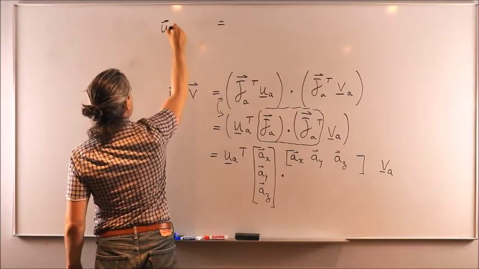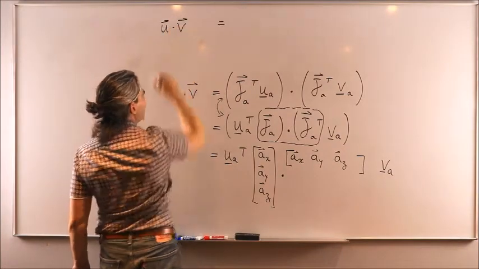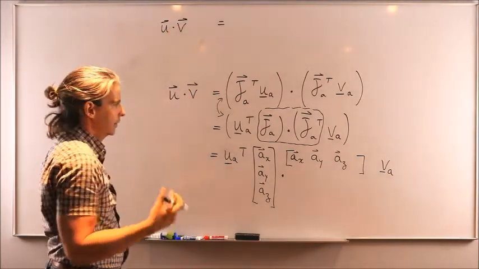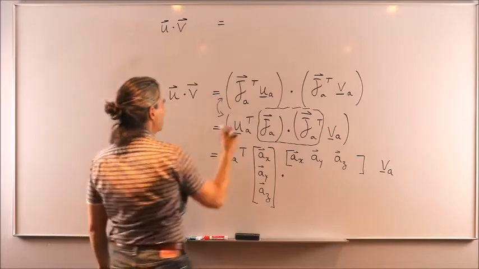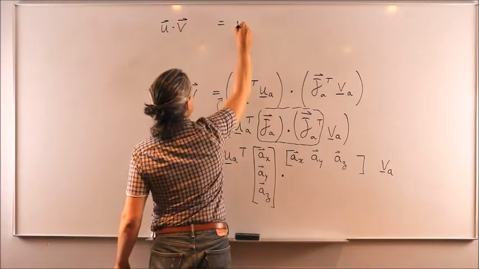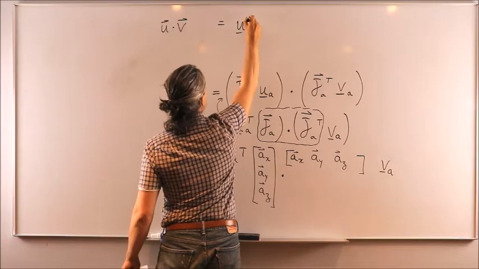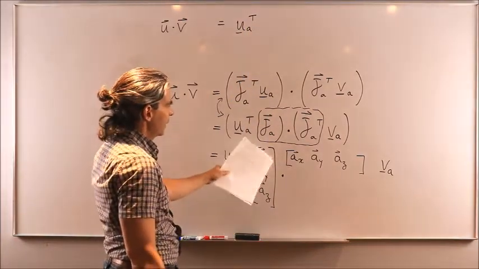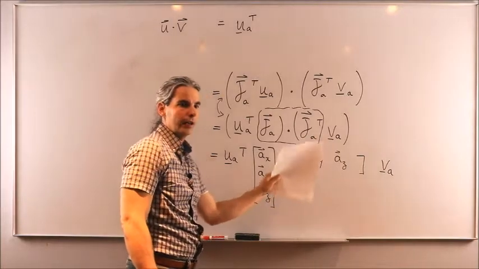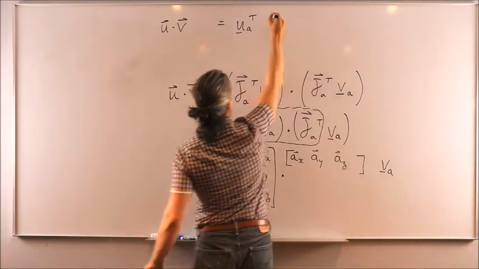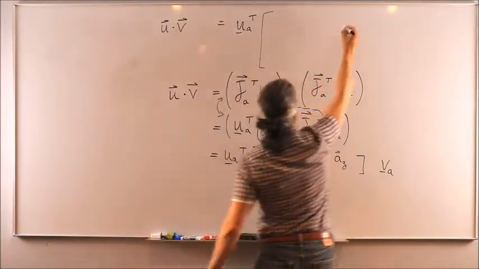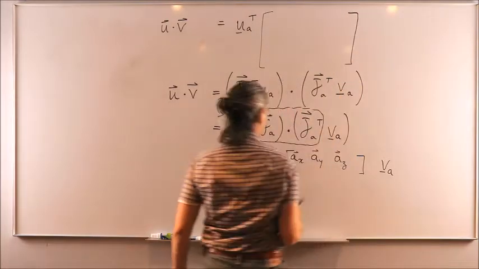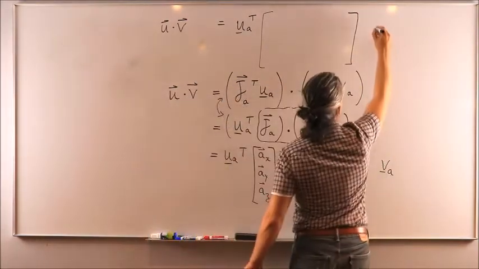We're still talking about the dot product of u and v, but again, given their components in reference frame A. So I'm going to rewrite this as UA transpose. Now this is a 3 by 1 and a 1 by 3, so linear algebra will tell you that you indeed get a 3 by 3 out of that, times your VA.